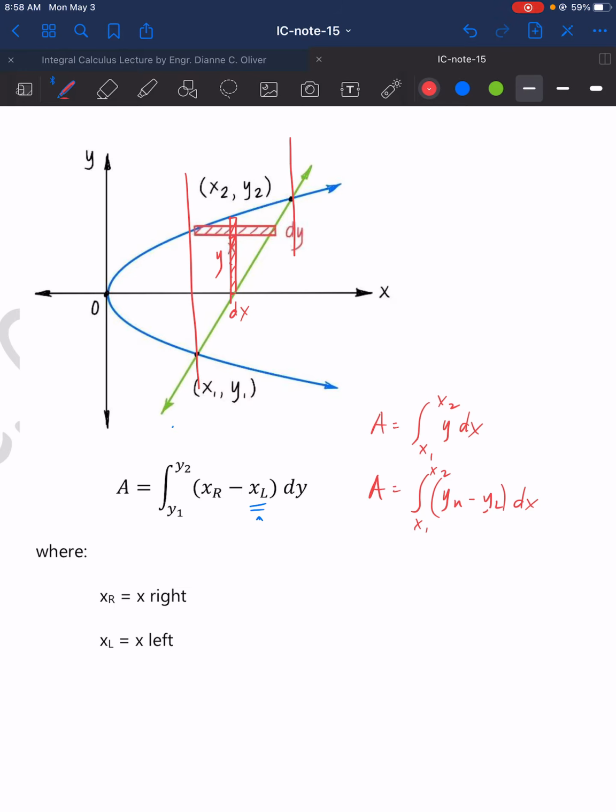So meaning, it will just consider this area here. It will only consider the area at this portion. But as for this area, no, it's not being considered.